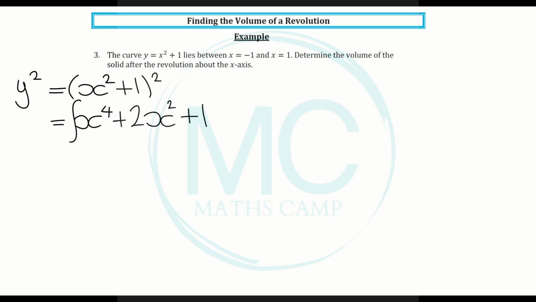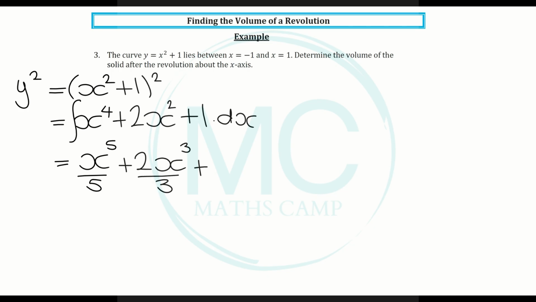This is the equation that we need to integrate. And this will become x with an exponent of 5 over 5 plus 2x with an exponent of 3 over 3 plus our constant becomes our x term, so 1x is simply x.